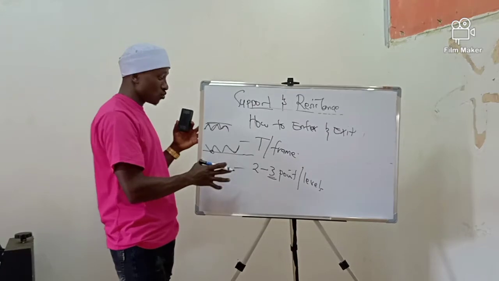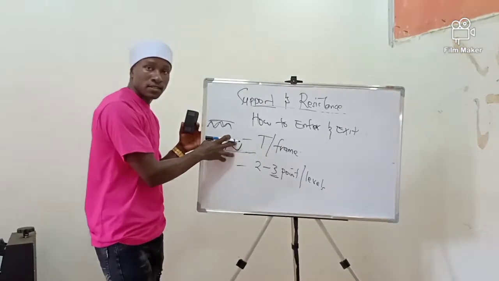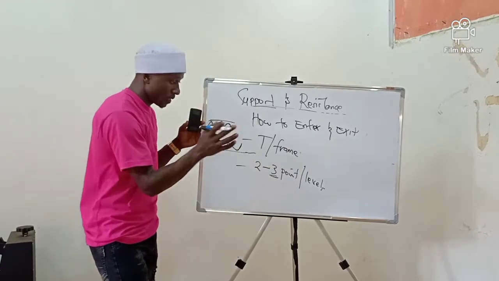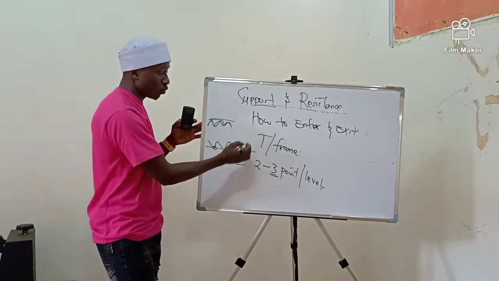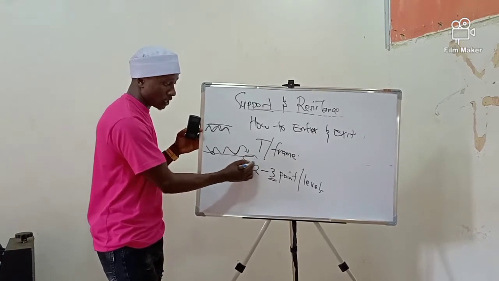So, we would wish to trade this asset class. Could it be a currency, a crypto, or any other asset class? Now we would want to see how the market behaves when it comes back to this area.